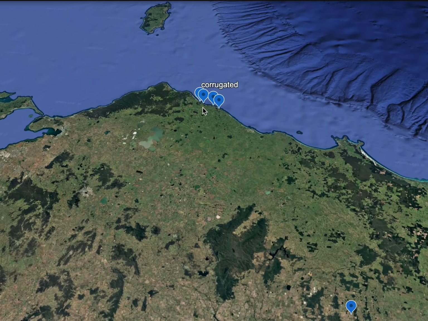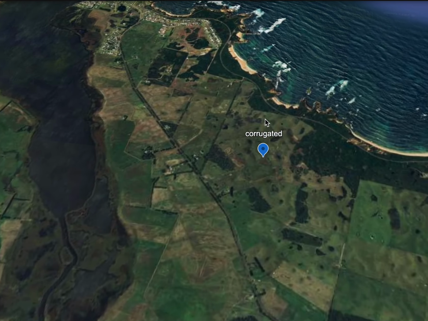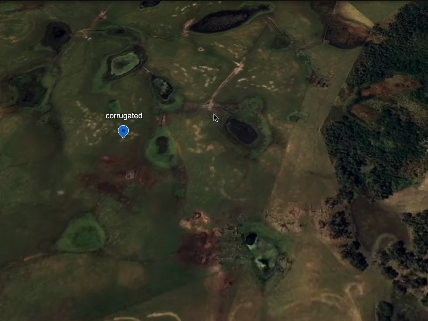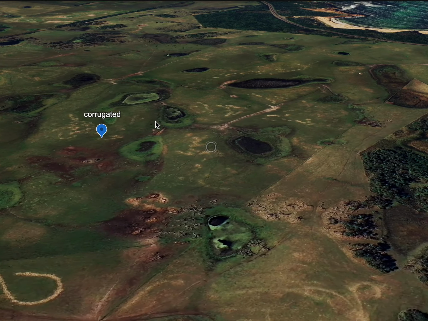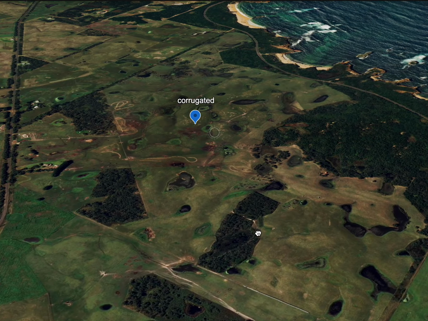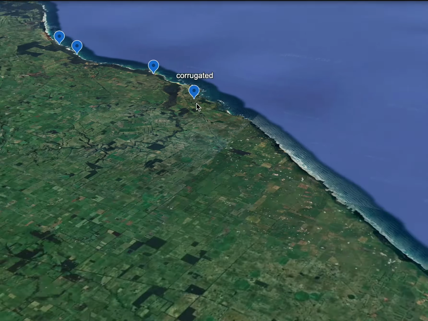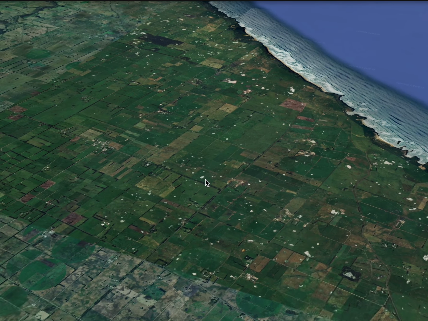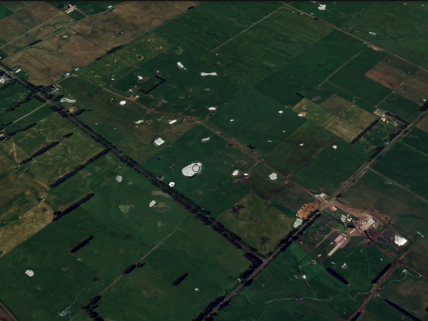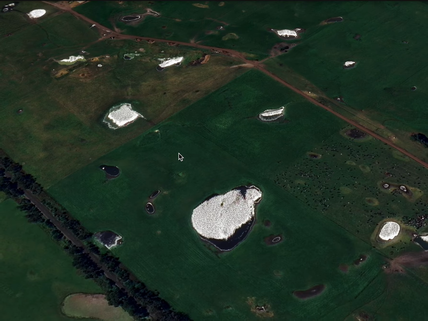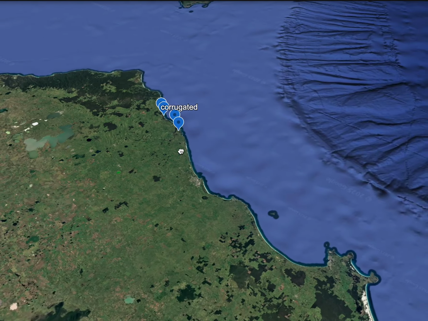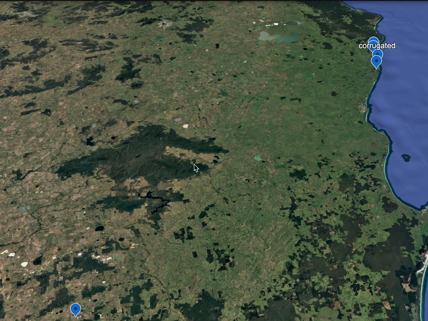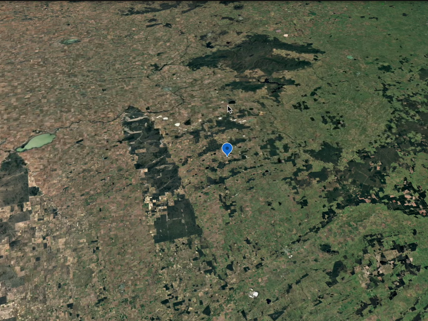All right, corrugated, let's see. Ah, yes, it is corrugated. All these little lakes. If you're in a place of a land of 1,000 lakes, that's 1,000 scabs and 1,000 scours.